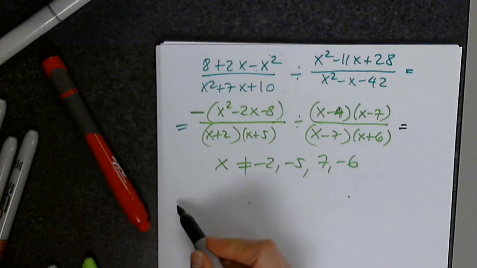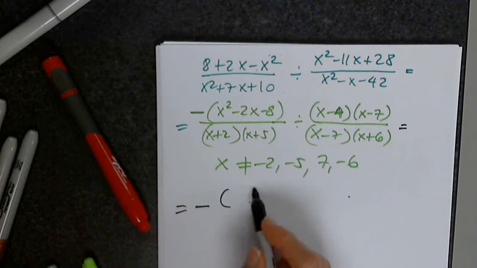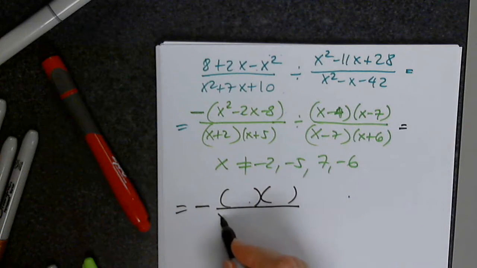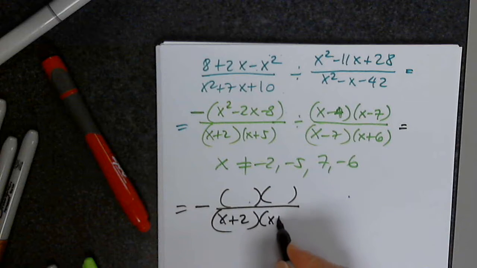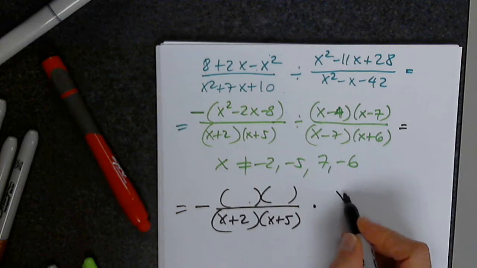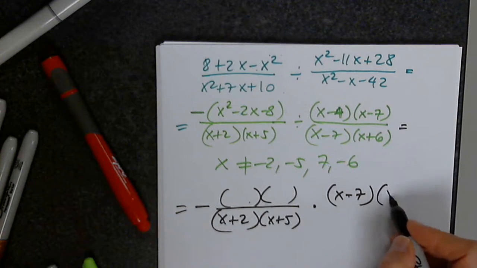We have to factor the top. I put minus in front, and I have to factor the numerator. And flip the denominator. I'm sorry, flip the second fraction.